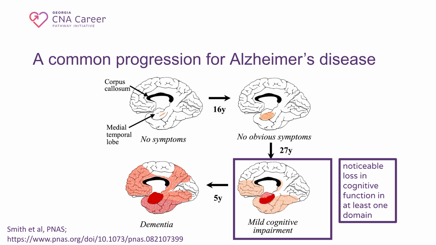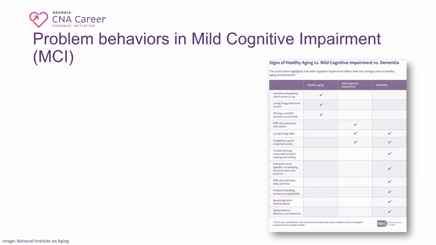As with the previous stages, not every patient with MCI develops full-blown Alzheimer's disease, but this stage is usually the first stage where older people or their loved ones seek the advice of a doctor. Many older people that you work with, particularly if you work in an acute care setting, will have symptoms of MCI, simply because metabolic and physical stress and illness can rob the brain of resources it needs to maintain normal function, even if only for a short time.